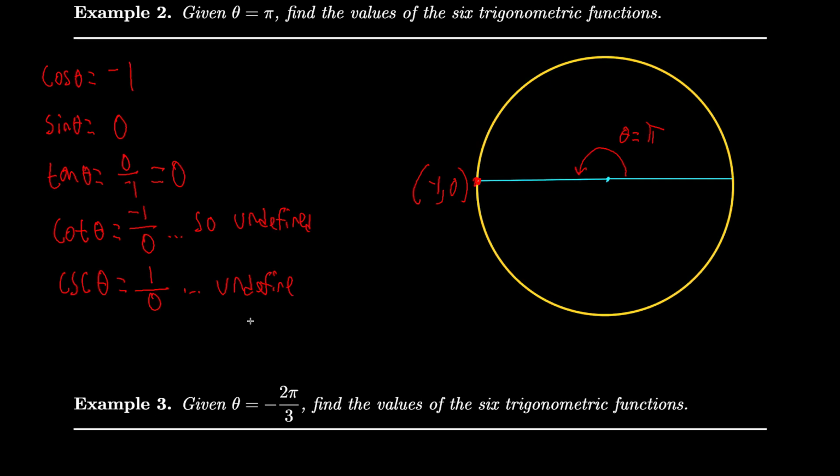And the best way to say this would be just say cosecant of theta is undefined. That'd be the better way to say that. And then secant is totally going to exist. Secant of theta is just going to be 1 over whatever the cosine is. So 1 over -1. So it's just -1. So in this case, secant and cosine are the exact same thing.